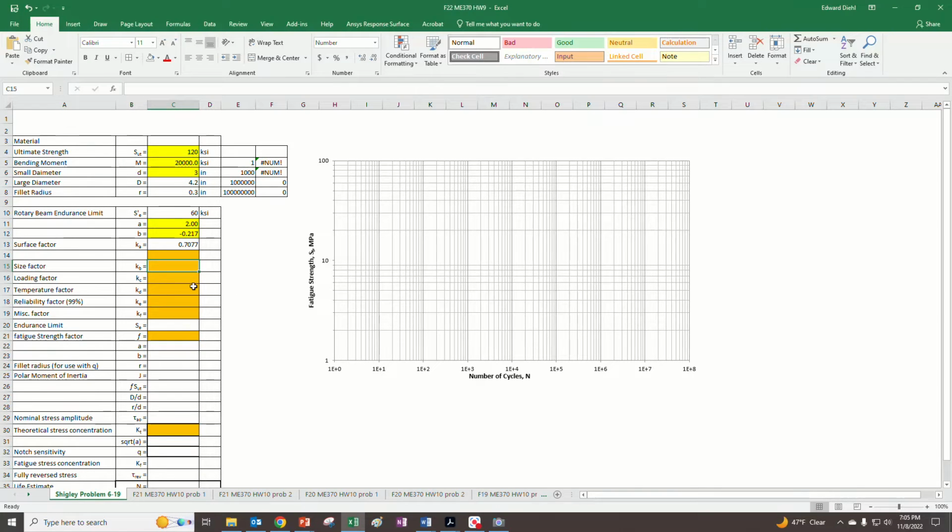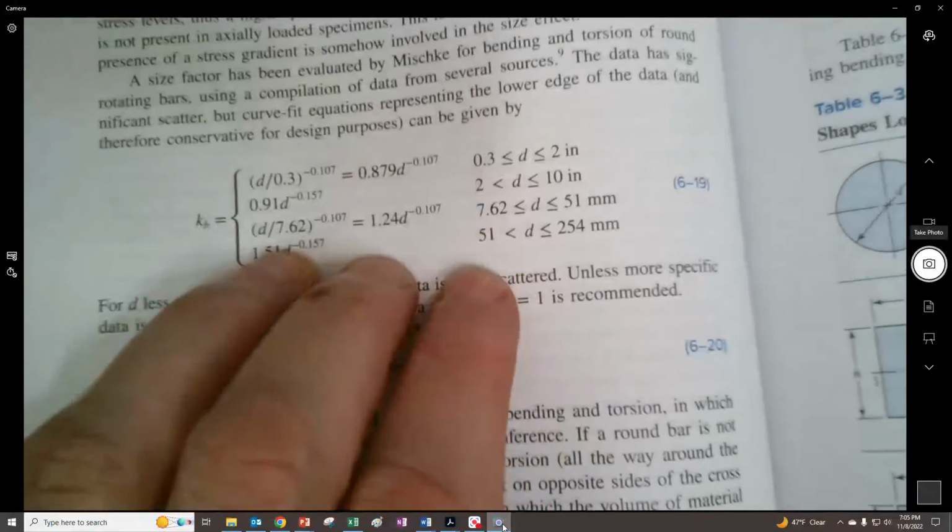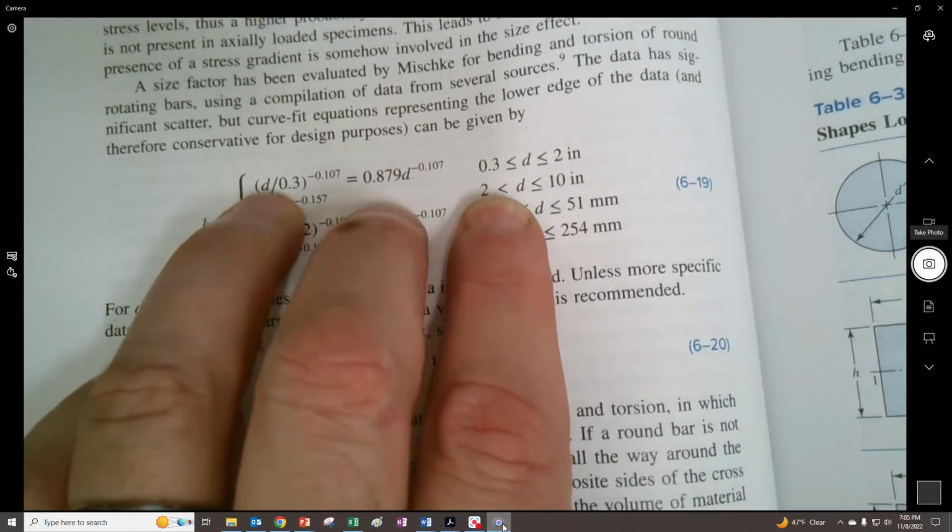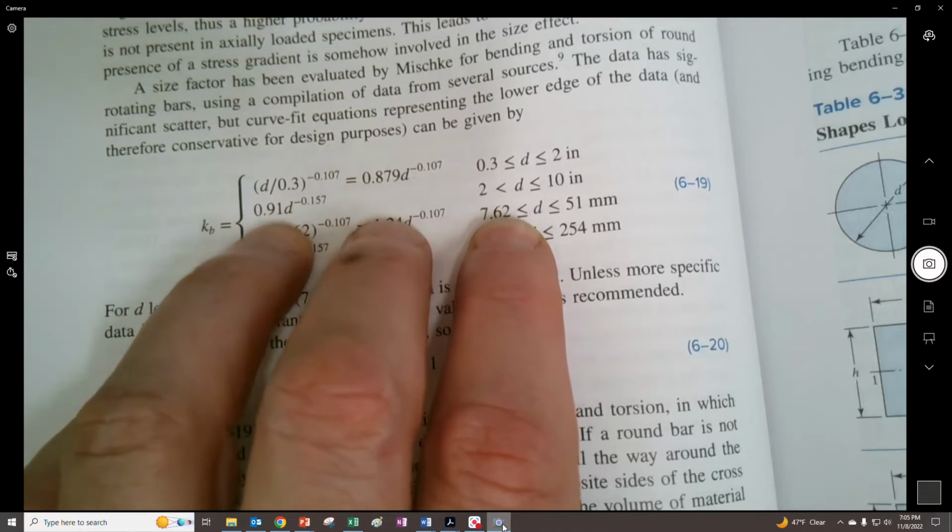If something smaller than 2 inches, we use another equation. I do believe that I assumed that it was going to be the larger of the two. Yeah, I said that it was going to be between 2 and 10 inches. So we might do an if-then statement to be careful to make this more useful to us.